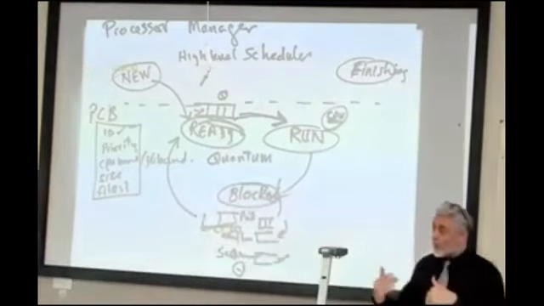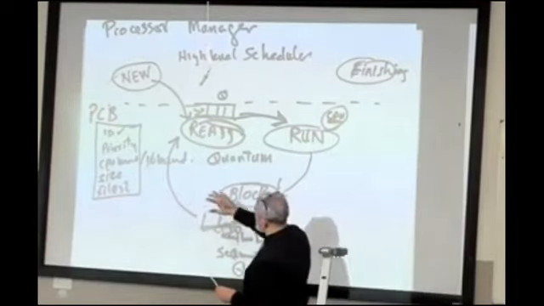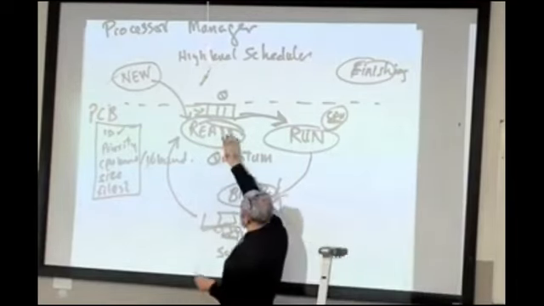But the quantum is like a timer: every time the low-level scheduler takes a process, puts it in the CPU, it starts that quantum timer. So the process is running and the quantum is ticking. If the process says, oh, I need input, then we'll take it out and we switch off the quantum.